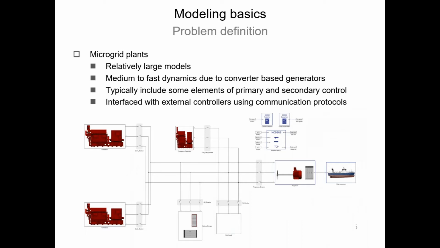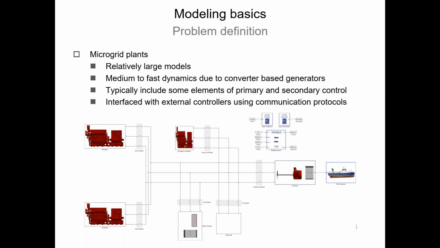On the other hand, if we move up to the system level and start speaking about microgrids or small-scale power system applications, traditionally we're talking about somewhat lower dynamics, but the sheer size of this model can make them very hard to solve. And today we see that more and more converter-based generators and loads are added to the grid.